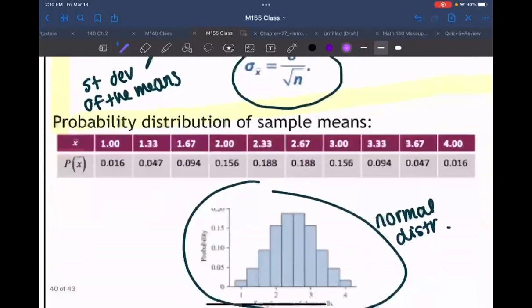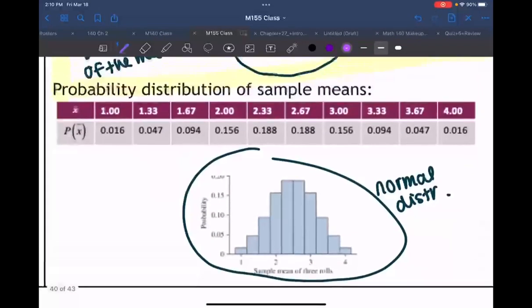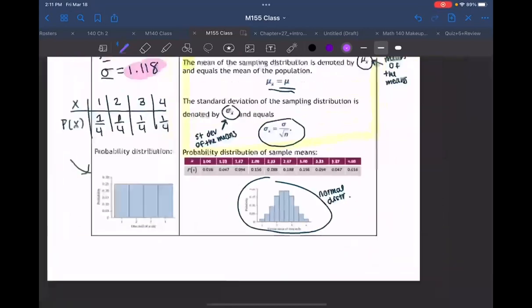We also talked about the probability distribution of the sample means, which will have approximately a normal distribution if our sample is large enough. If that doesn't make sense, it will as we move on, so don't freak out if this isn't making sense yet.